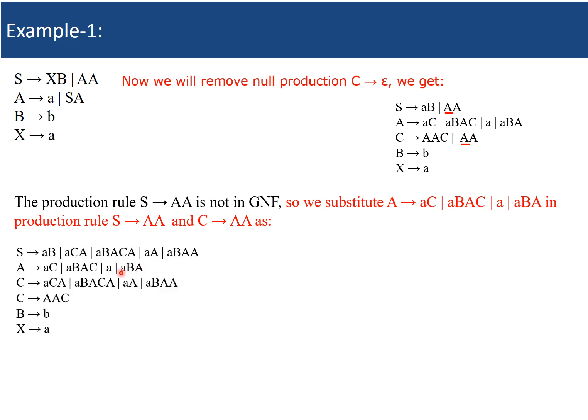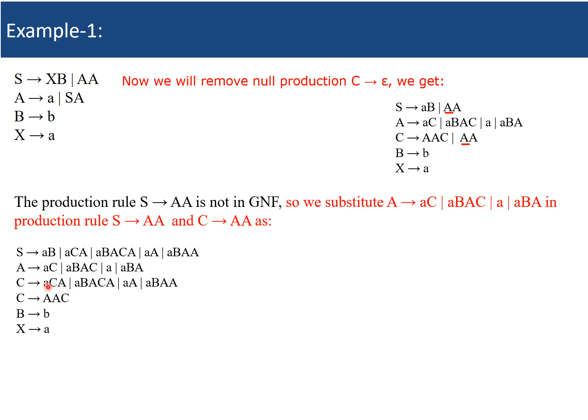Okay, after eliminating AB, this production will come. So AC, A, ABA, CA, AA, ABA, A. So after replacing this A by the entire A production, you will get this S production. After this is written as it is, it is already in GNF.